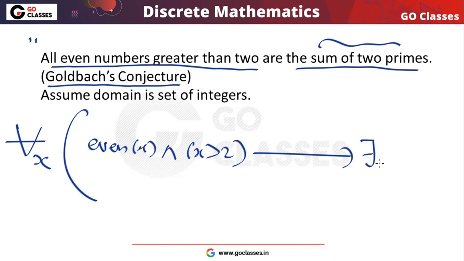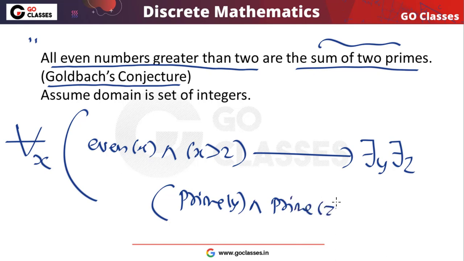Then there exists a y and there exists a z such that y is prime and z is prime, and this x must be equal to y plus z. So this is how we can write it.